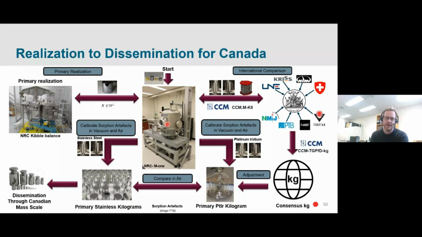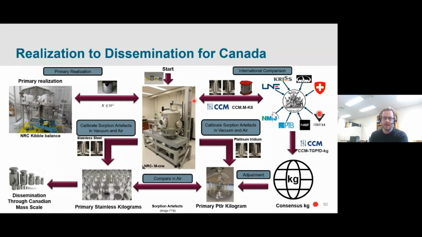Then we take the mass that we want to have the realized value of to our Kibble balance. We do the realization, and it tells us what the mass of that is. Then we bring it back to our mass balance to see if it's changed values at all. And then we use that to calibrate traveling artifacts, which then go to the BIPM for this global intercomparison.